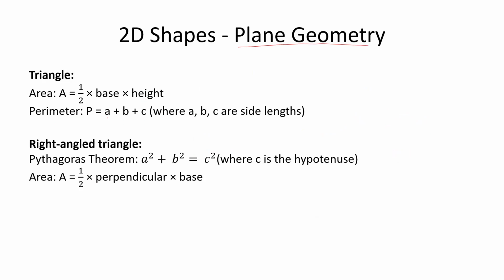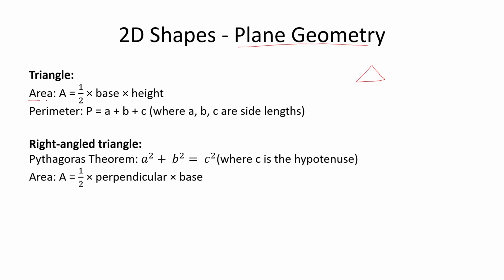Okay. So first example of a 2D shape is a triangle. Triangle you all are familiar with, right? This is a triangle. But triangle again you can segregate into certain types of triangle, which I will be telling you one by one. So first thing is triangle. Let's say this is a triangle.